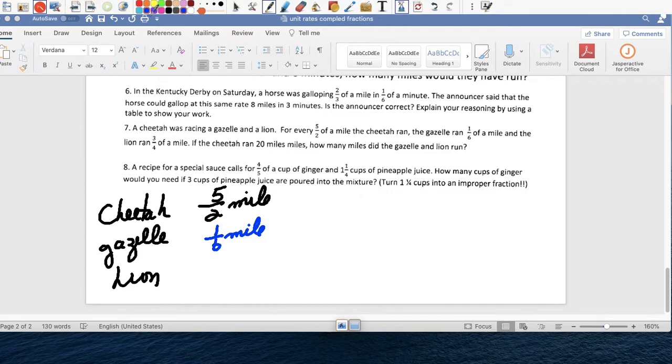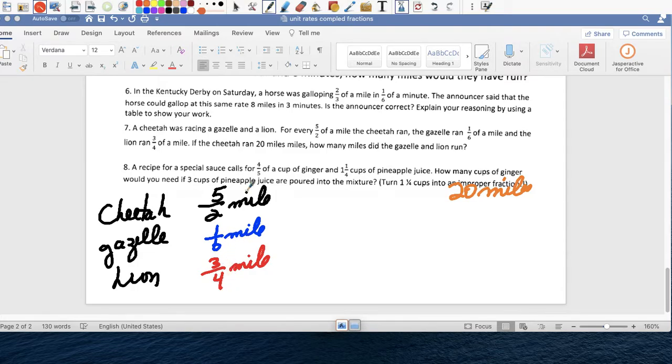And the lion ran 3/4 of a mile. So the question is, when the cheetah ran 20 miles, no cheetah's going to run 20 miles. When the cheetah ran 20 miles, how much did the gazelle run, and how much did the lion run?